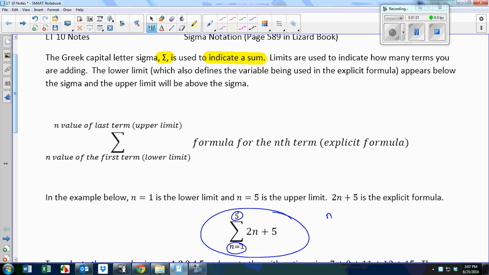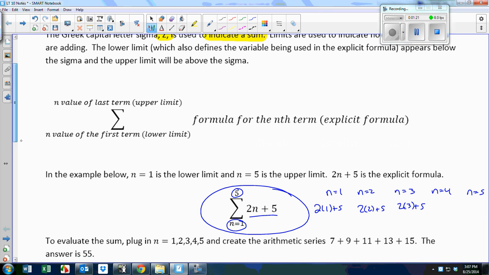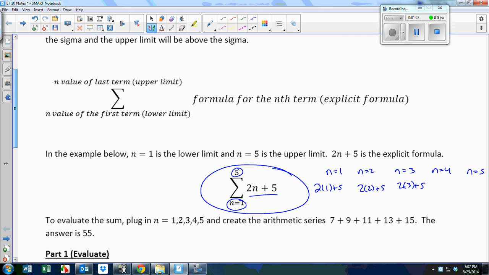So we're going to find the sum of n equals 1, 2, 3, 4, 5 of the series 2n plus 5. So we'll take 2 times 1 plus 5, 2 times 2 plus 5, 2 times 3 plus 5, etc., and get 7 plus 9 plus 11, all the way to the 5th term, which is 15.